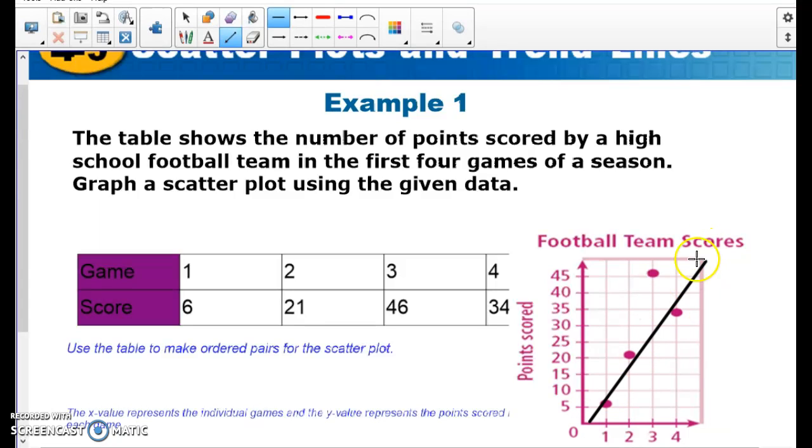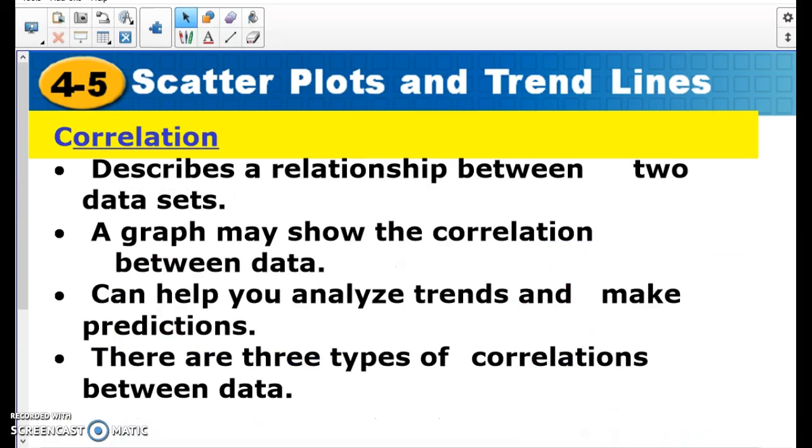So something kind of like that. Let us predict what we think is going to happen next. So if we did have a game 5, it'd probably be about 40-ish points there. But again, it's a prediction. It might be true, it might not be true.